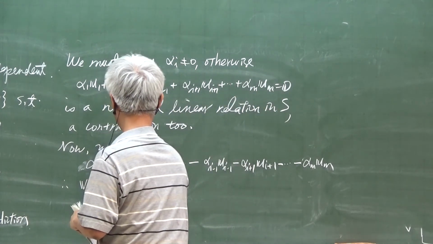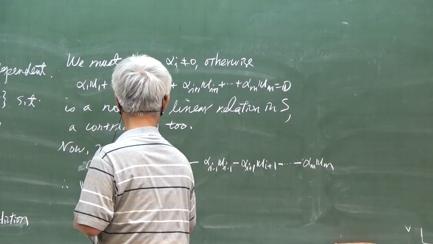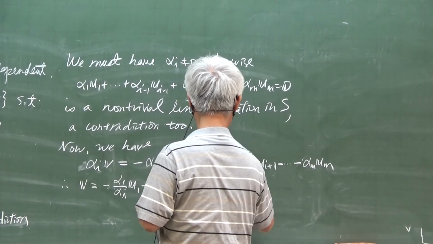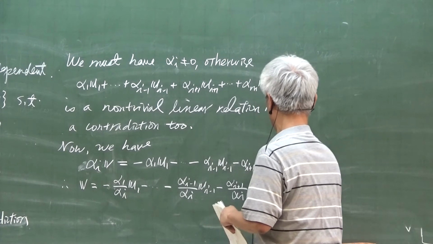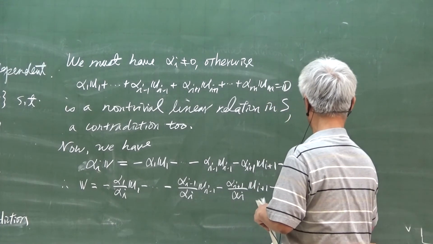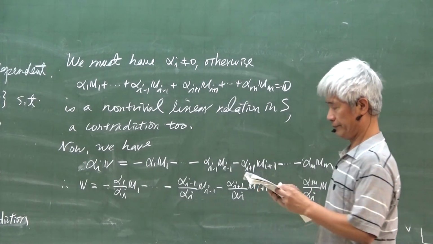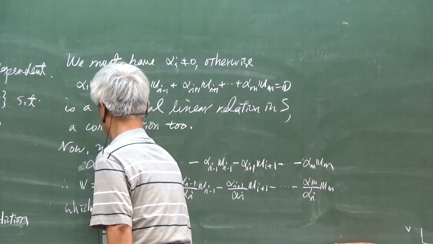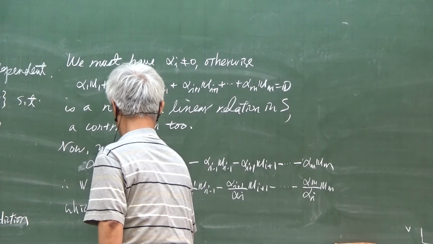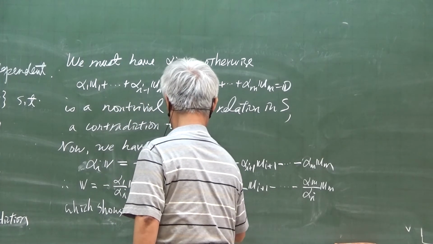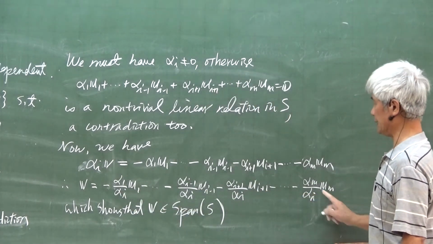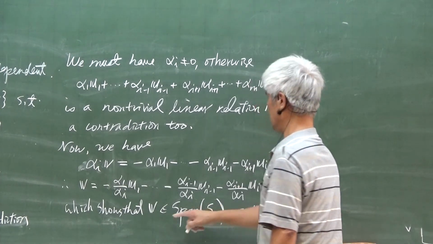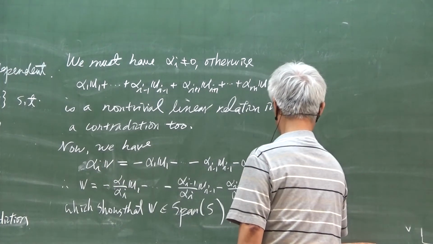So V is equal to minus alpha 1 over alpha i u1 minus alpha i minus 1 over alpha i ui minus 1 minus alpha i plus 1 over alpha i ui plus 1 up to minus alpha m over alpha i um, which shows that V is in the span of S, because it's a linear combination of elements in S. Once again, a contradiction, because we already said V is not in the span.